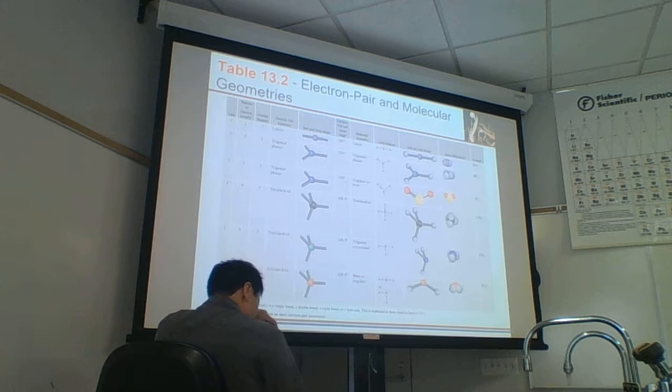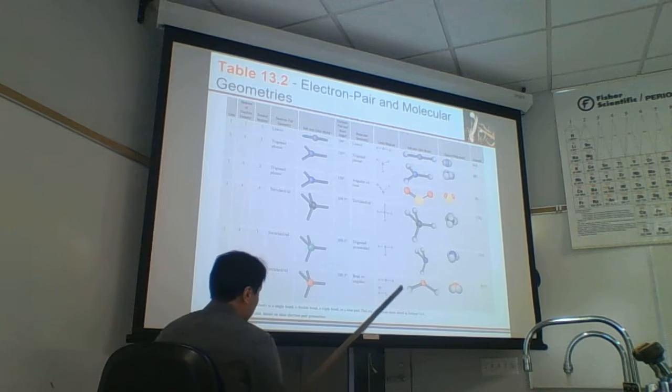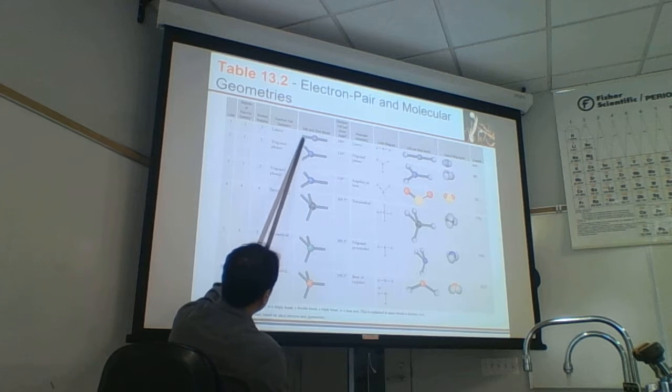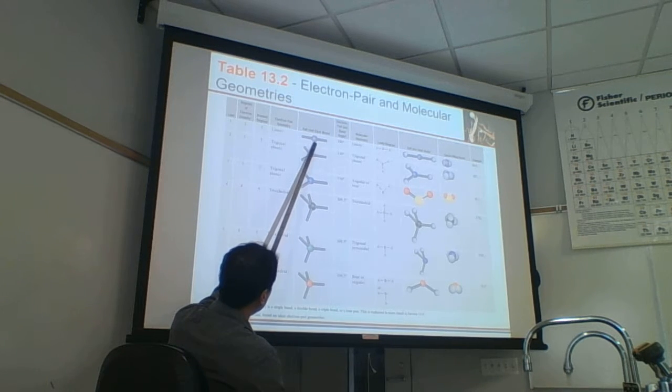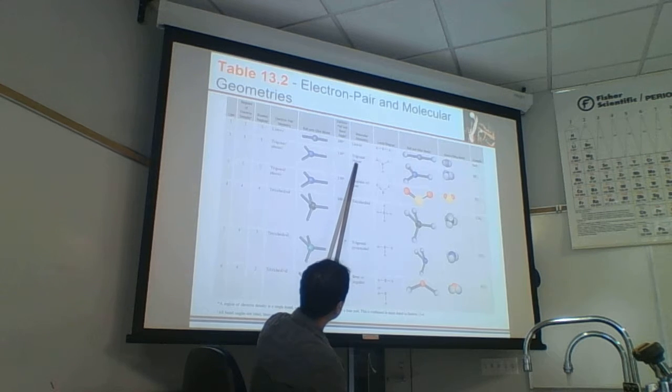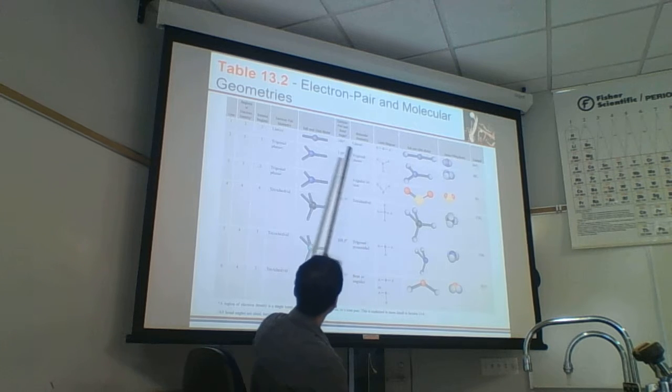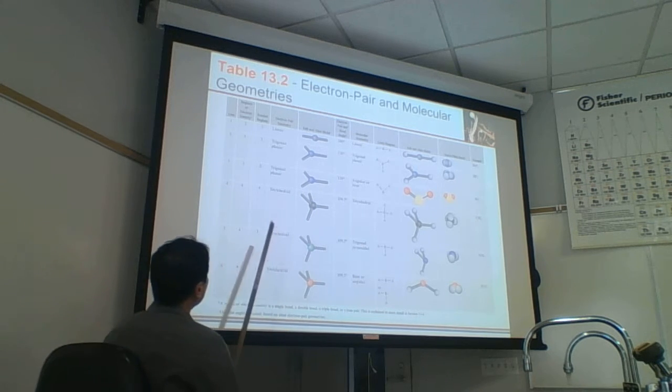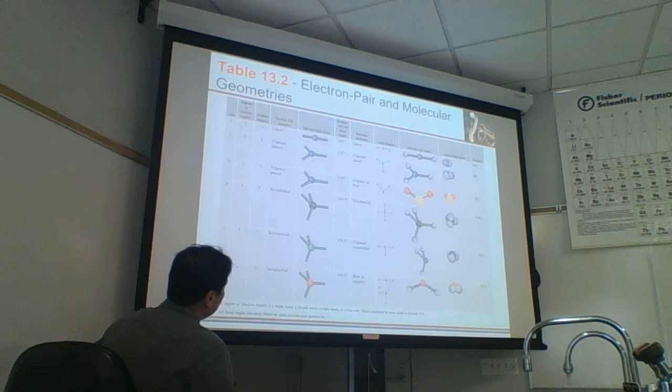Well, the electron pair geometry looks at all the groups around the atom. But a molecular geometry only looks at the atoms around the central atom here, called B. And so that gives us different possibilities.